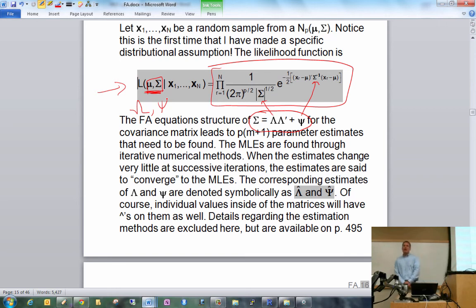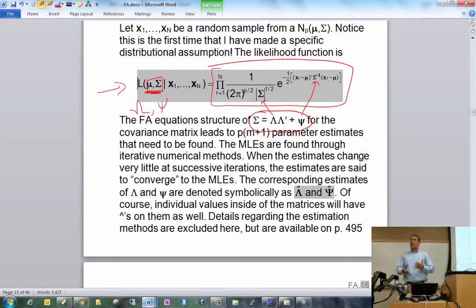So, to find the maximum likelihood estimates for these lambdas and psi's, what do I do? I find the lambdas and psi's that make this likelihood function as big as possible. Unfortunately, it's not that simple a process. With the example of finding the maximum likelihood estimate for pi, one could actually derive it.